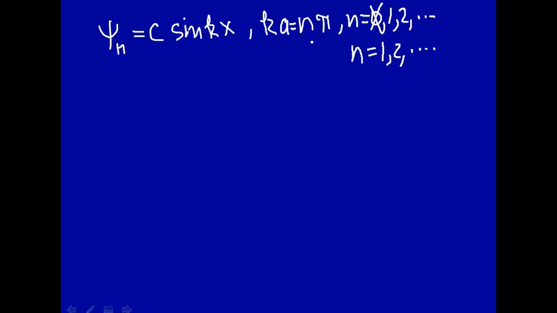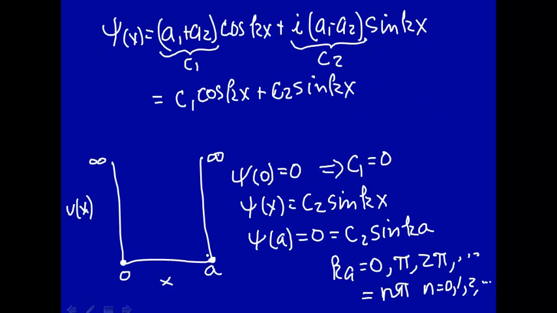So note now we've introduced a quantization. n can't be any number. It has to be an integer. So here this n is now our first quantum number. And the quantum number came about because we required the wave function to be 0 at the boundaries, here and here.